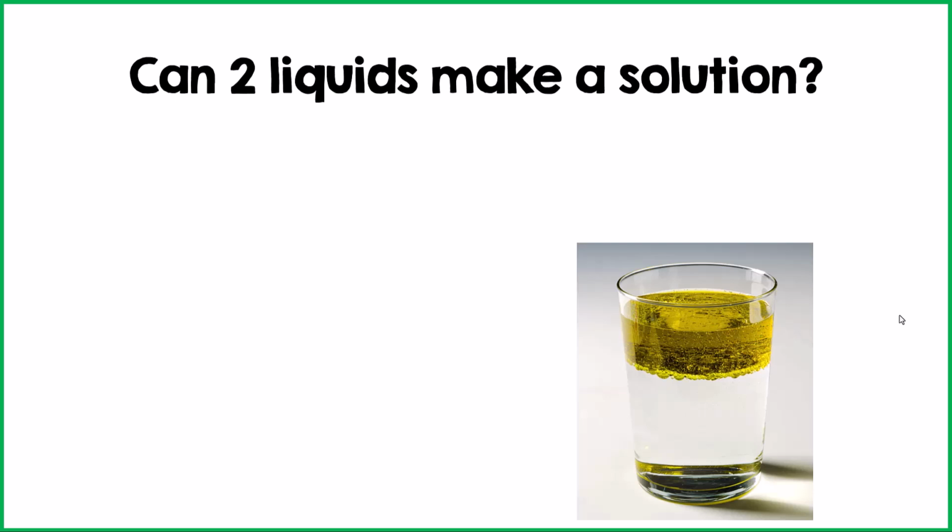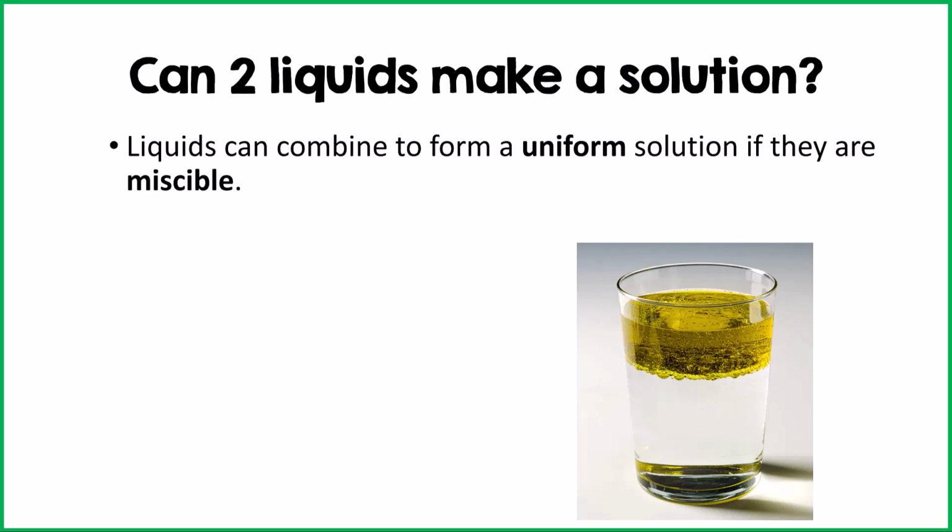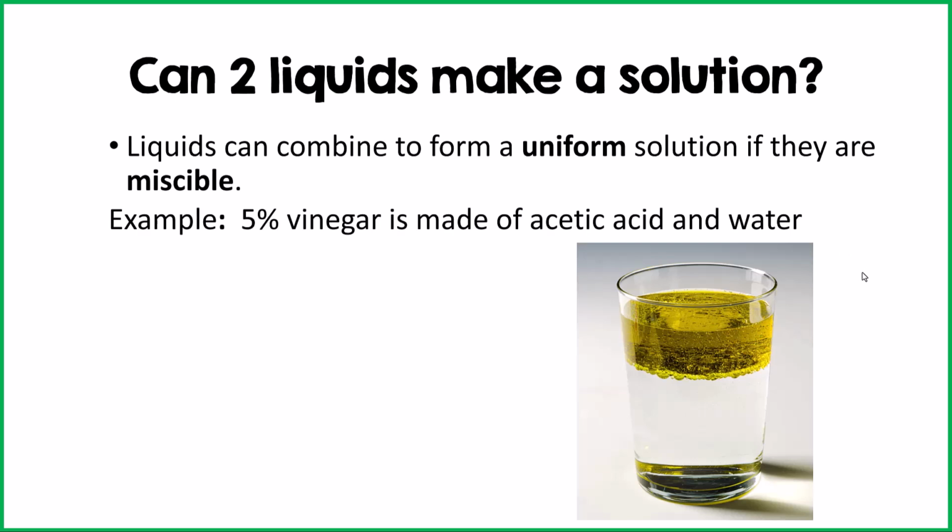As we discussed, solutes don't always have to be solids, and two liquids can actually make a solution together. If they combine to form a uniform solution, we call those miscible liquids. For example, 5% vinegar is made of acetic acid and water.